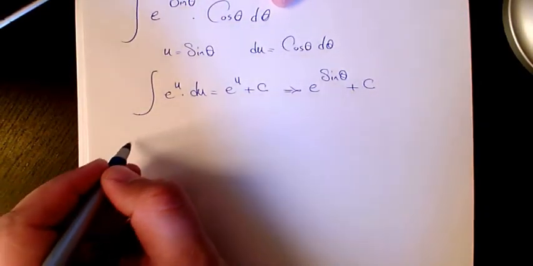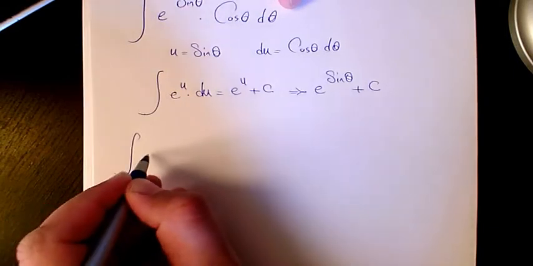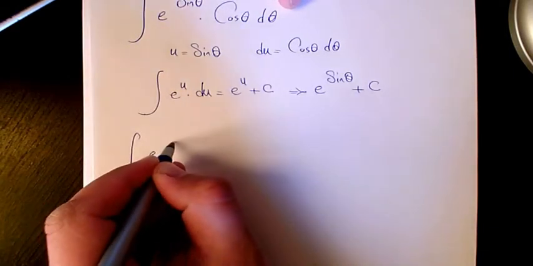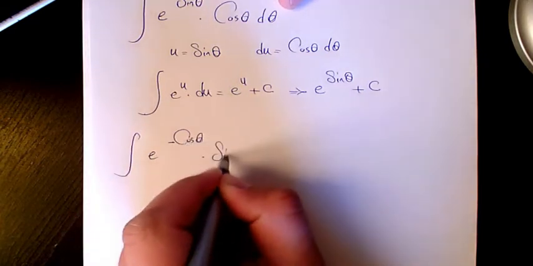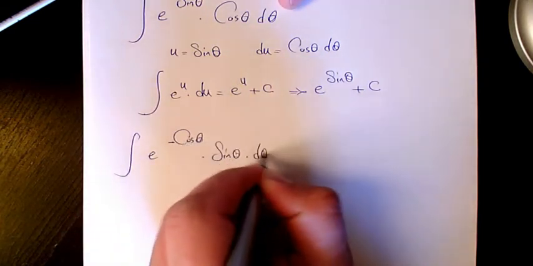Next example. Integration of e to the power of negative cosine theta times sine theta d theta.